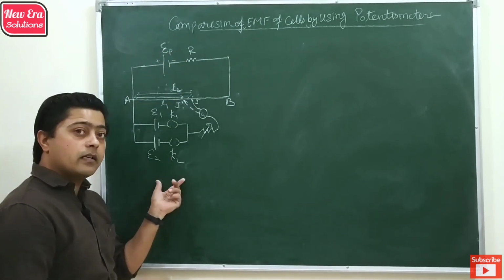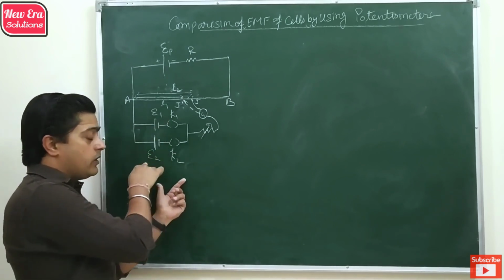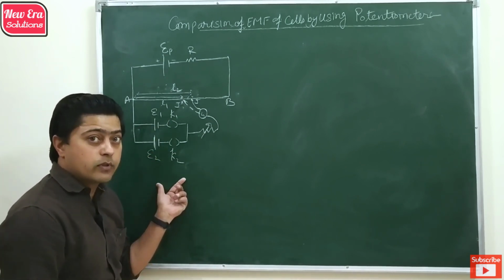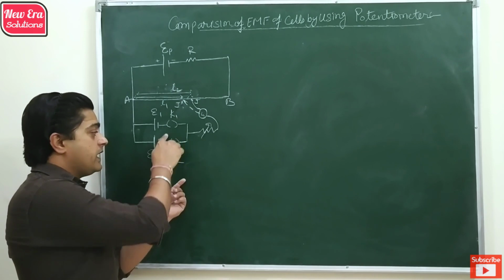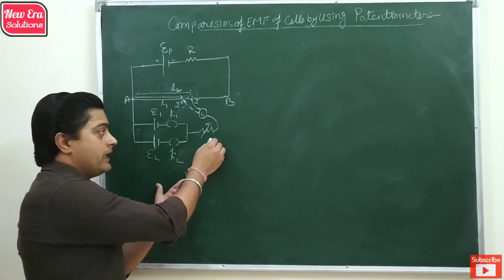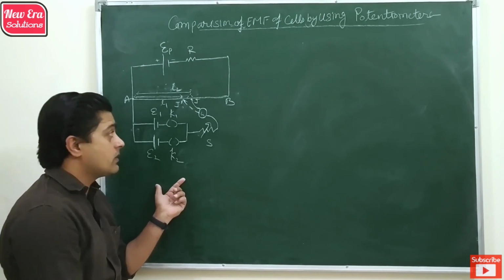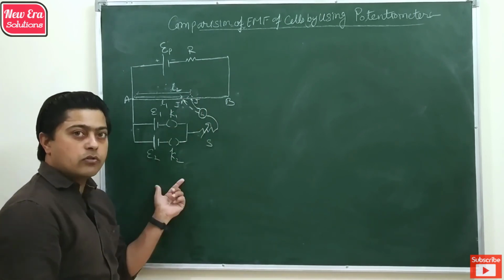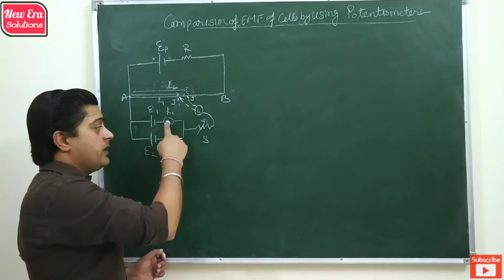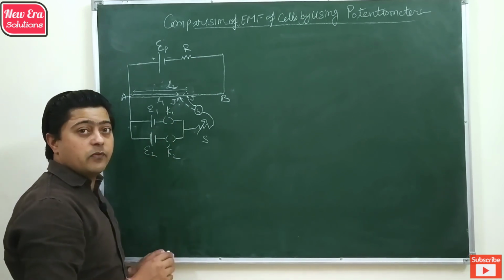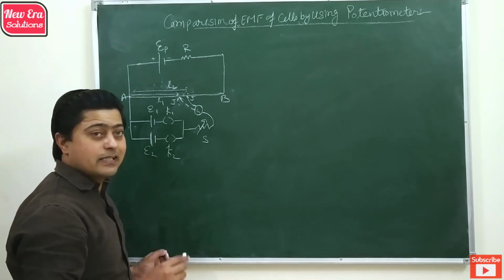Then in the secondary circuit, we have two cells E1, E2, whose EMF we are going to compare, with two different keys K1 and K2. Then a very high resistance from a variable source like a resistance box, a galvanometer and a jockey. By using different keys, we can find the EMF of each cell.